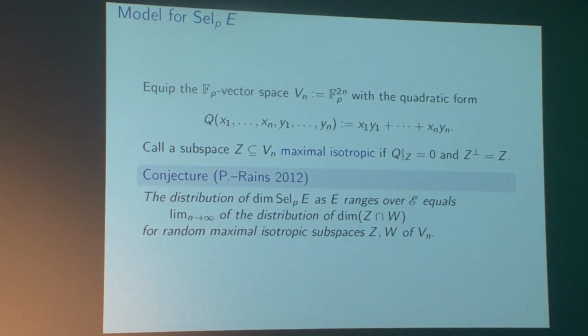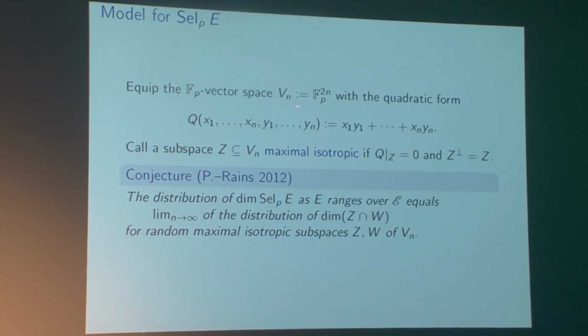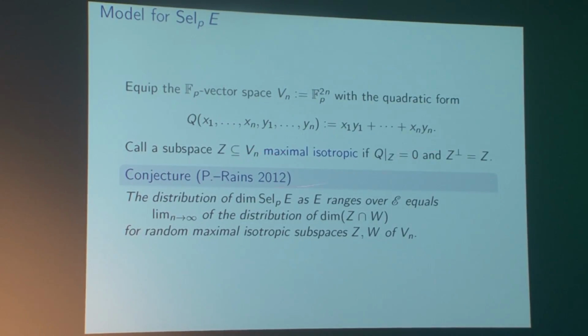So you can talk about the perp space of a subspace. And a subspace of this 2n-dimensional vector space will be called maximal isotropic if, first of all, the quadratic form vanishes identically on that subspace, and also it should be equal to its own perp. So you can't put in another vector or take a direct sum with another one-dimensional space to make it bigger.